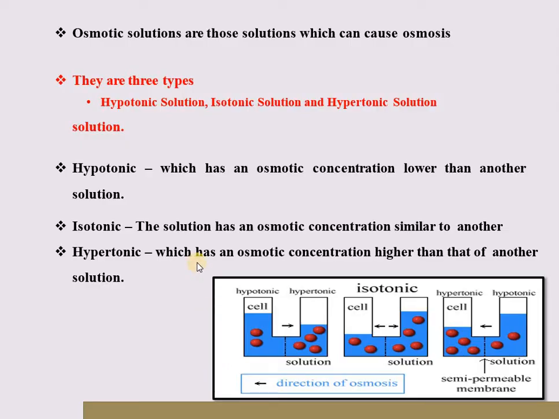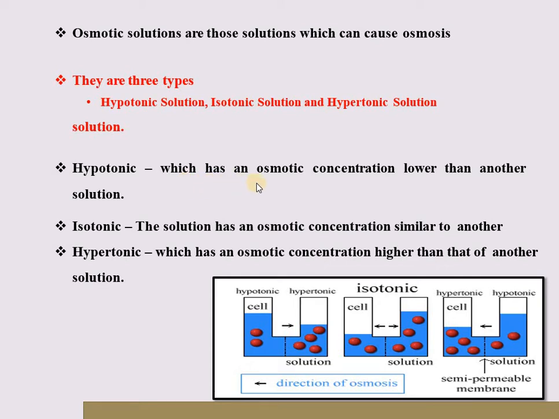Now if we talk about the solutions, then osmotic solutions can be of three types. Osmotic solutions are those solutions which cause osmosis. So they can be hypotonic solution, isotonic solution, or hypertonic solution. So what is hypotonic solution?